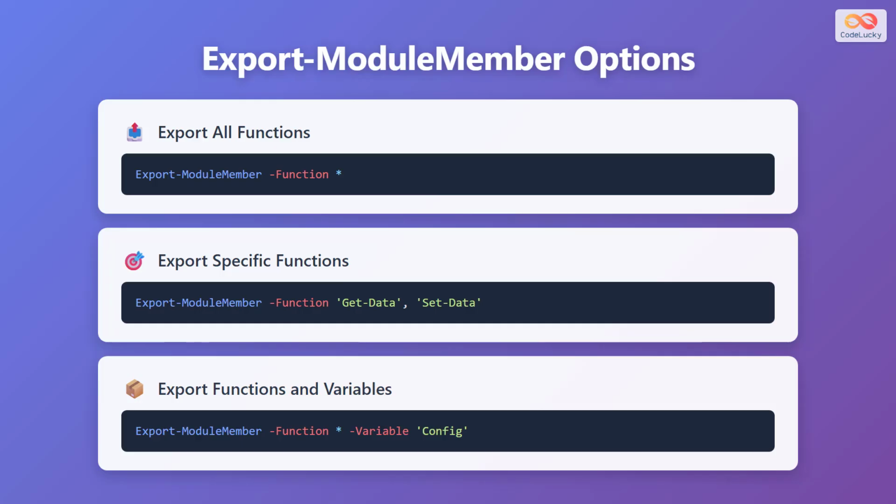This gives you precise control over your module's public interface. The third option allows you to export both functions and variables. You can use Export-ModuleMember -Function * -Variable config to export all functions plus a specific variable named config. This flexibility lets you design exactly what users can access from your module.